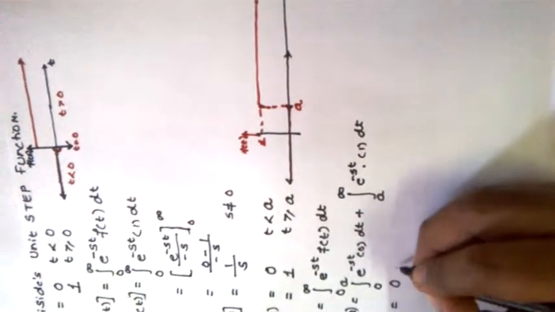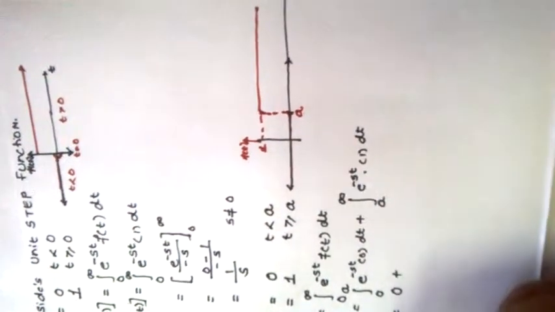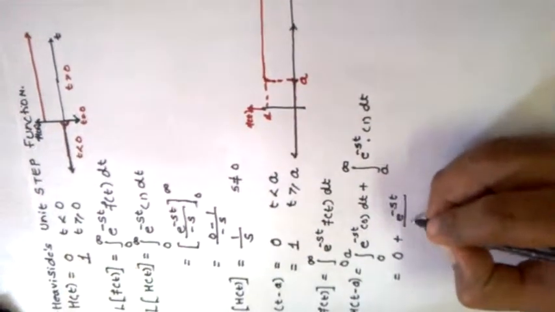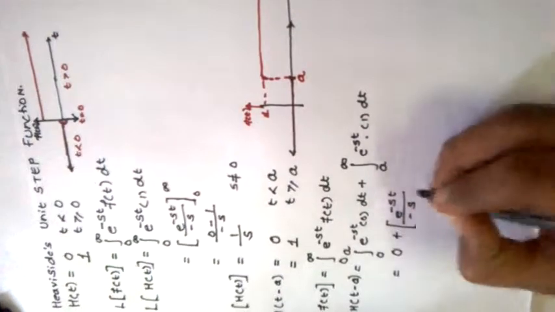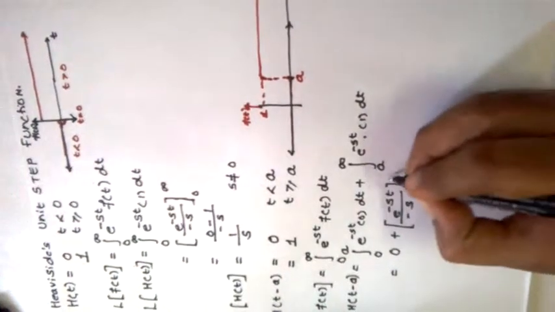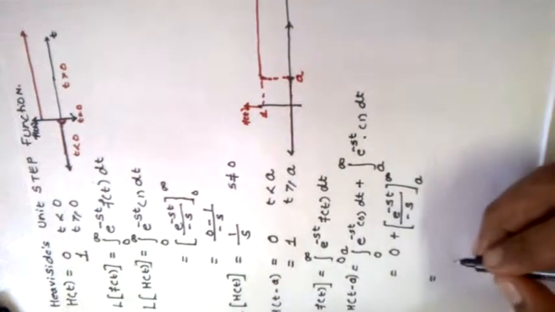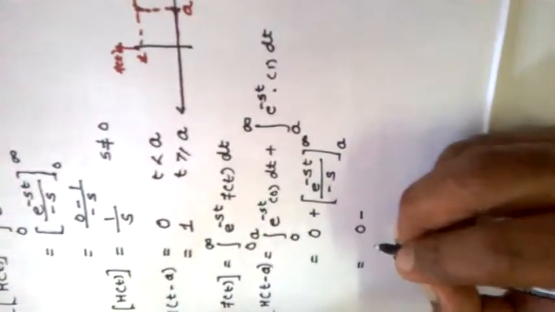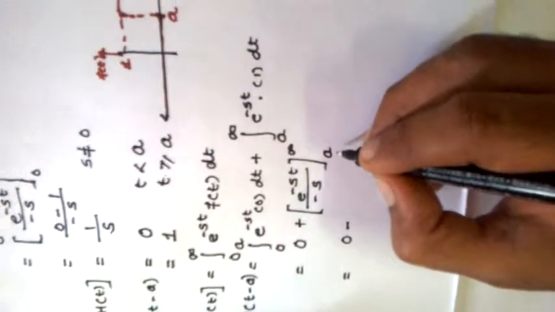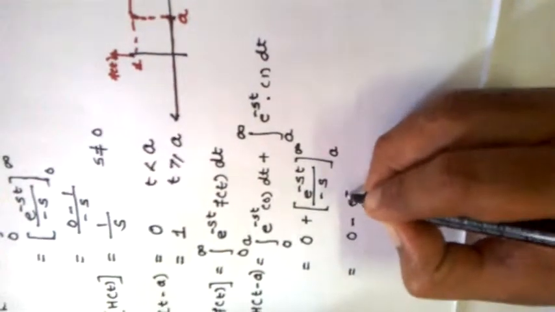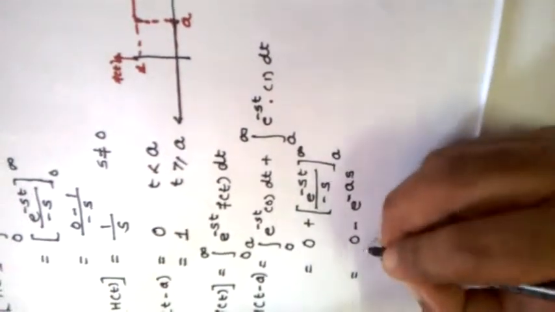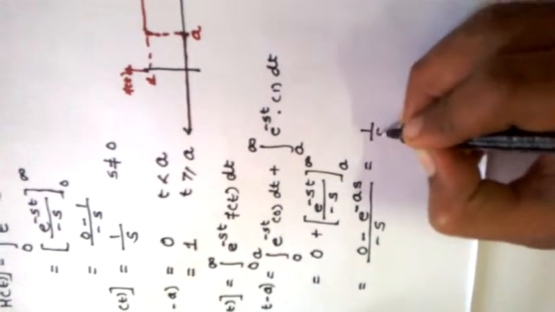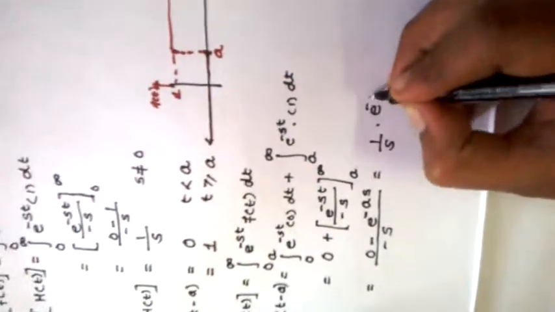So this is 0 plus integration of e raised to minus st is e raised to minus st divided by minus s with the limits a to infinity. This is e raised to minus infinity, which will be 0 minus, when we put lower limit a, we get e raised to minus a s divided by minus s. So this is 1 upon s into e raised to minus a s.